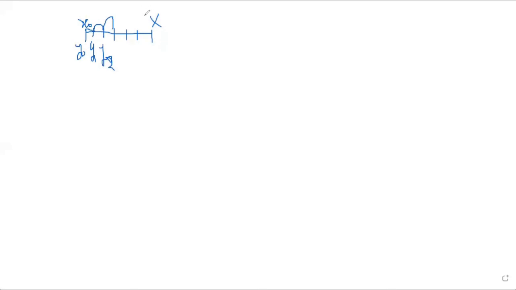Suppose this is xn. So xn is equal to capital X. So in that way, we will get to the end. And this class of method is known as step marching. Why step marching? Because we are moving step by step rather than jumping from here to here. We are going in small steps.